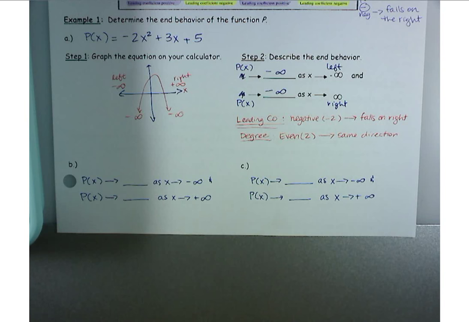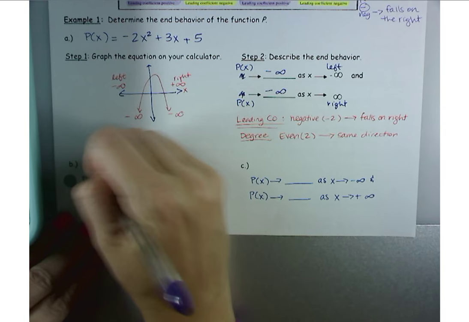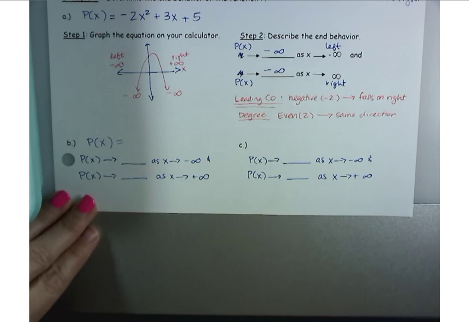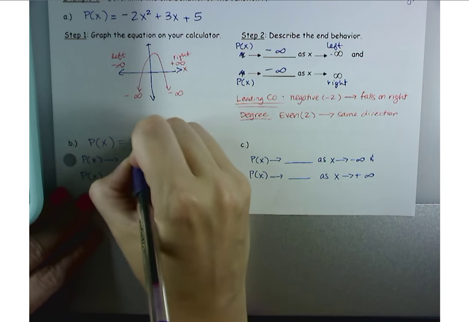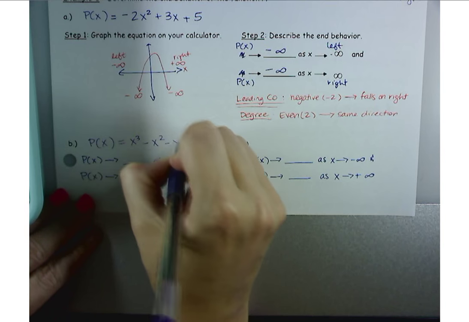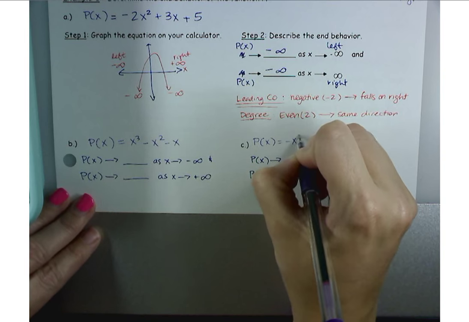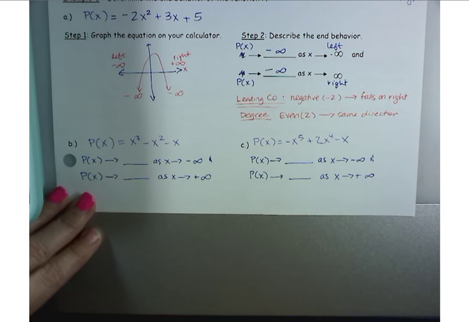And then you could just state what that meant. Okay, so I'm going to give you B and C, and we will see if you can do those. For B, you have p of x equals x cubed minus x squared minus x. And for C, you have p of x equals negative x to the 5th plus 2x to the 4th minus x.